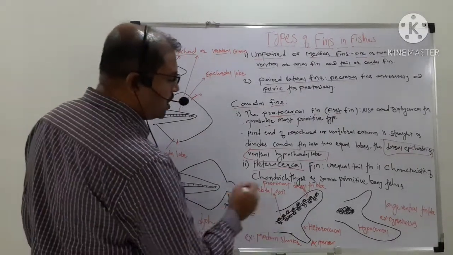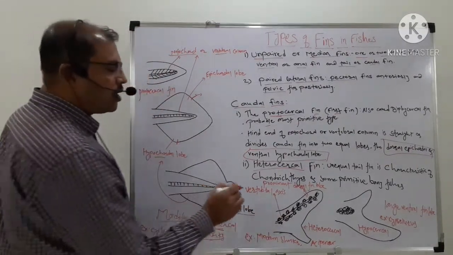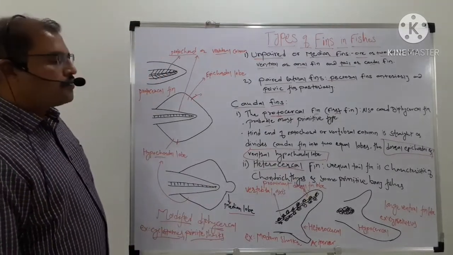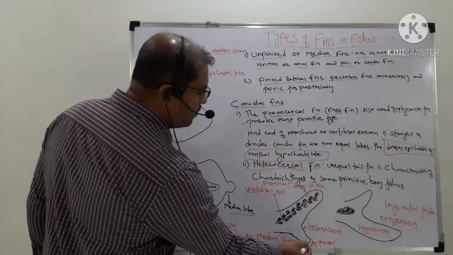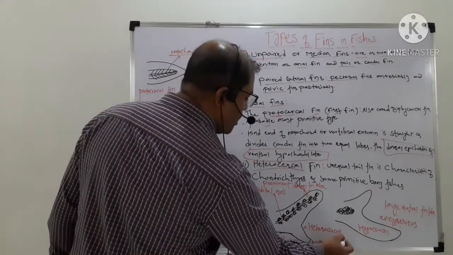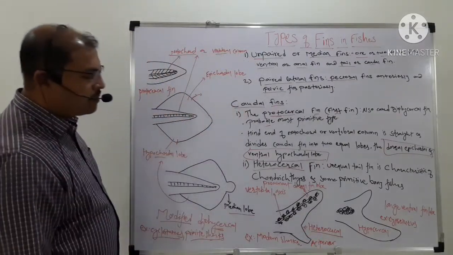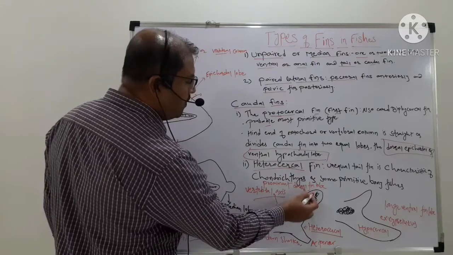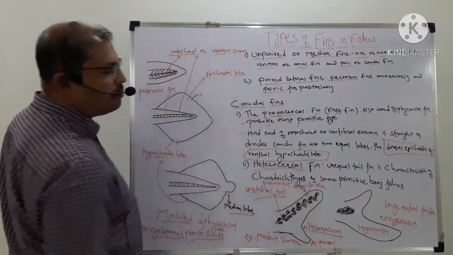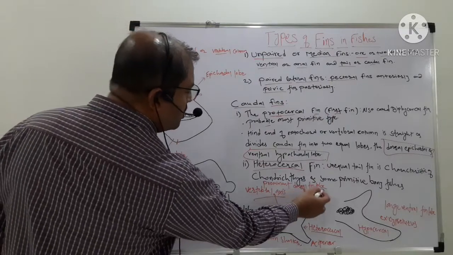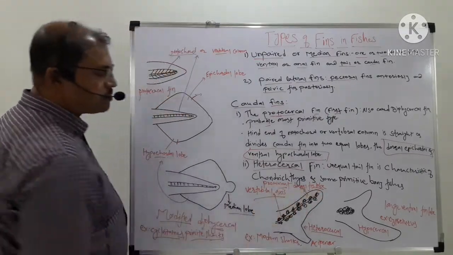In the first type of heterocercal fin, the upper epicaudal structure is larger compared to the lower hypocaudal structure, and the vertebral axis goes into the upper epicaudal lobe, which has a prominent dorsal fin lobe.